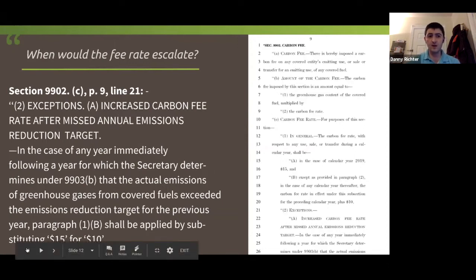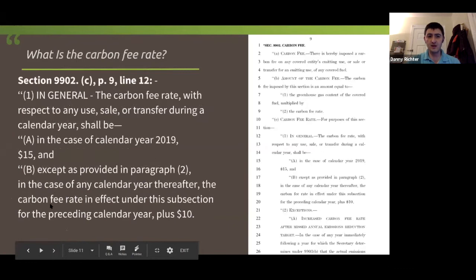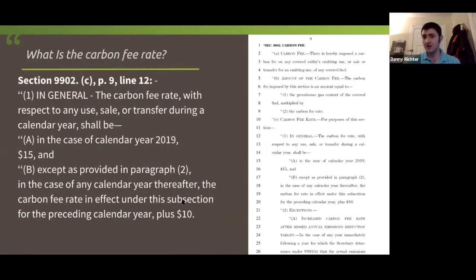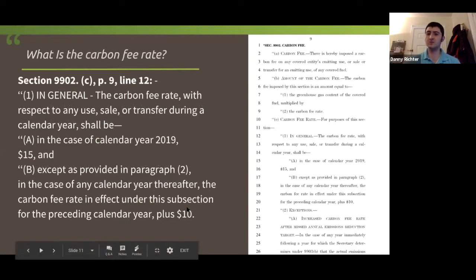So if you'll remember this previous one here, this is B, it's just saying that if we're not meeting our targets, if we're not meeting the schedule of emissions reductions that get us to a 90% reduction below 2015 levels by 2050, then instead of increasing by $10, we'll be increasing by $15.